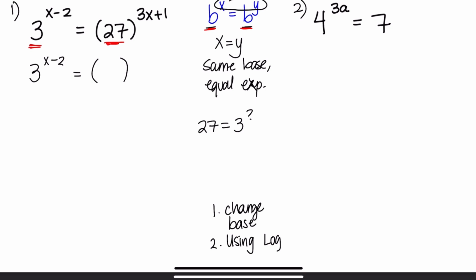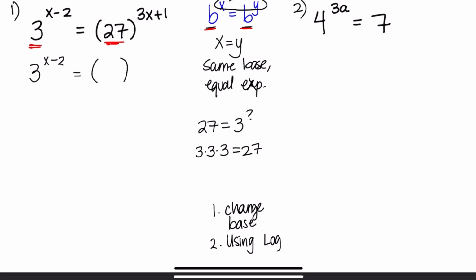You can do this with guessing, checking your calculator. You can do this with mental math if you just know the answer right off the top of your head. Or think about an exponent meaning how many times can I multiply 3 by itself to get 27? Let's see. 3 times 3 equals 9. Times another 3 equals 27.